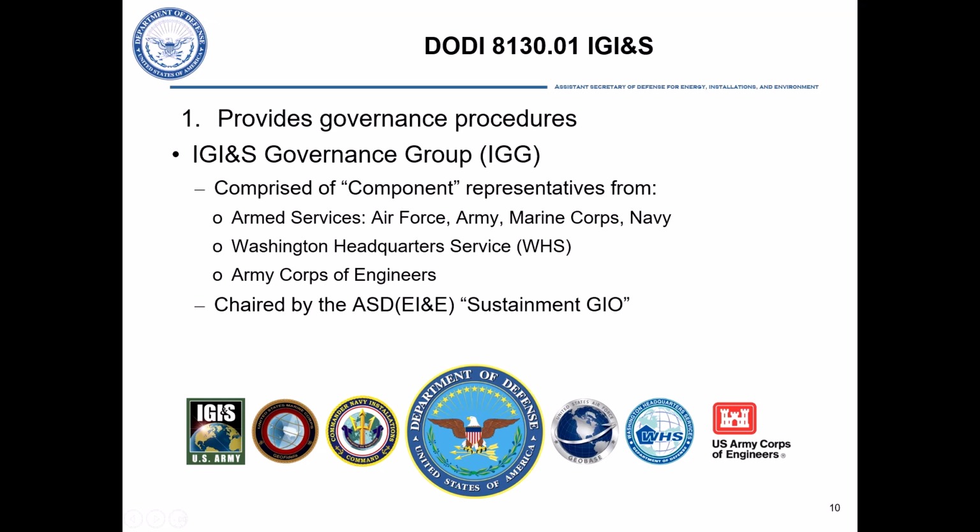The IG is chaired by the Geospatial Information Officer, or GIO, for the Assistant Secretary of Defense for Energy, Installations, and Environment. The DoD charges the IG with responsibilities to function as an IGI&S standards consensus body and to coordinate and facilitate standards implementation within the components.